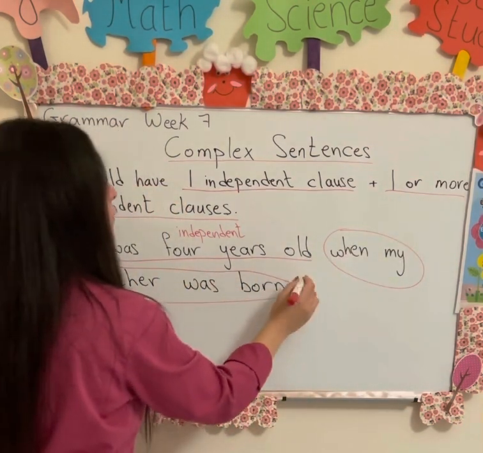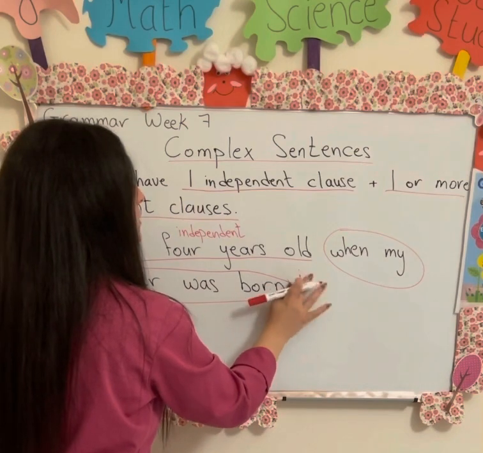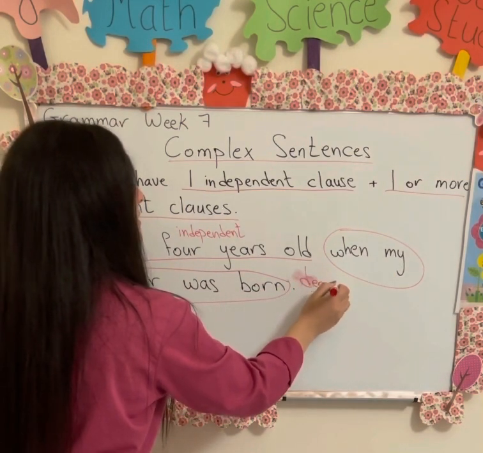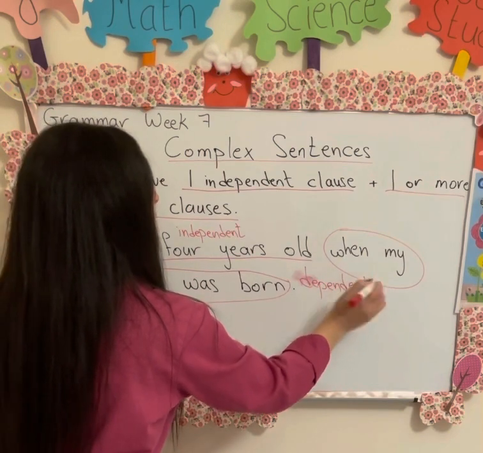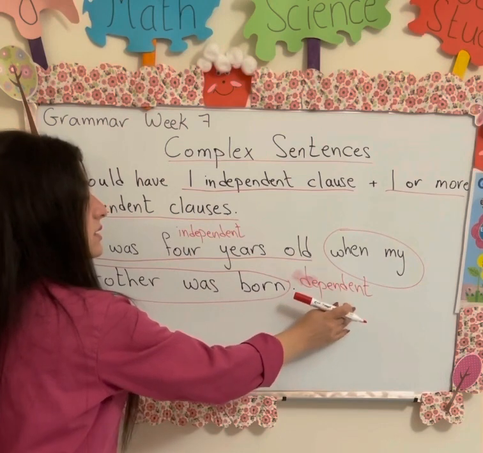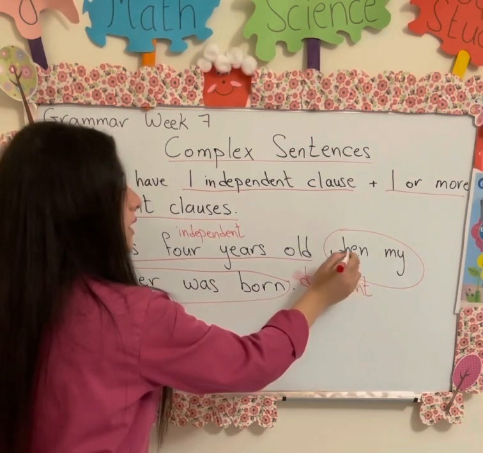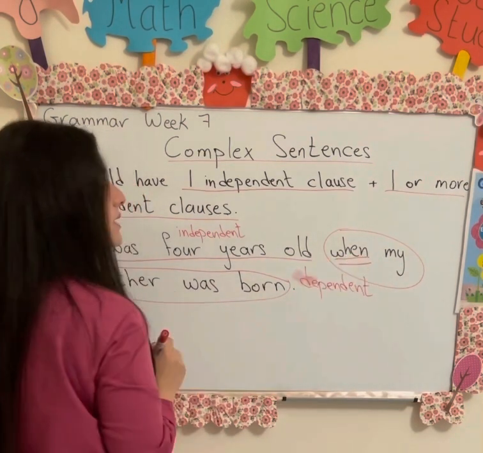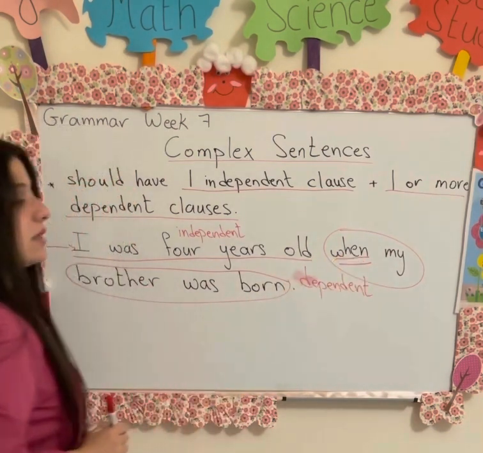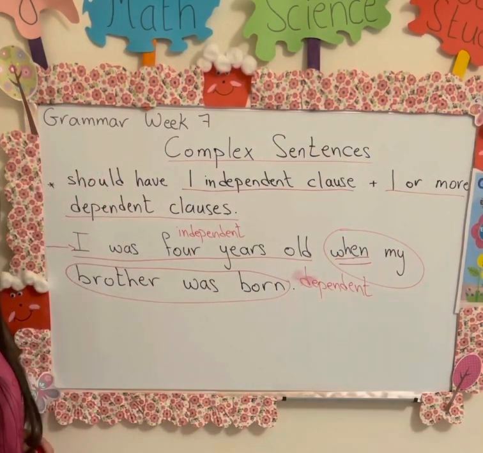Here we have one dependent clause, and we said that dependent clauses usually begin with a subordinating conjunction. So here we have "when," which is the subordinating conjunction.